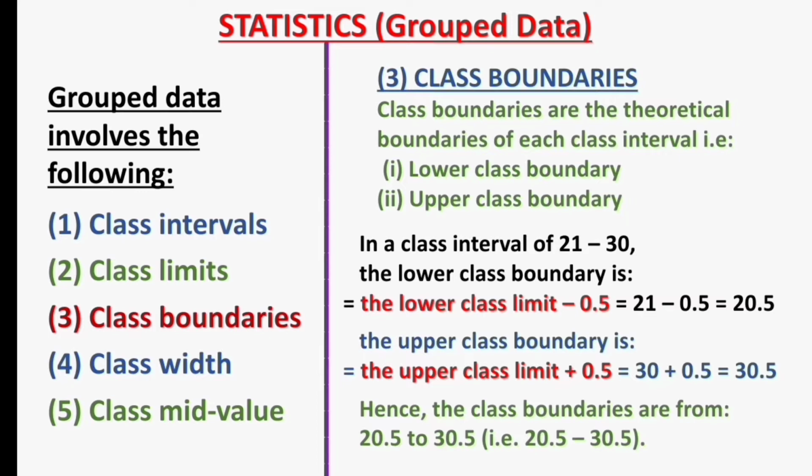The lower class boundary is 20.5. While the upper class boundary is the upper class limit plus 0.5, which will give us 30 plus 0.5. The upper class boundary is 30.5. Hence, for a class interval of from 21 to 30, the class boundaries are from 20.5 to 30.5.